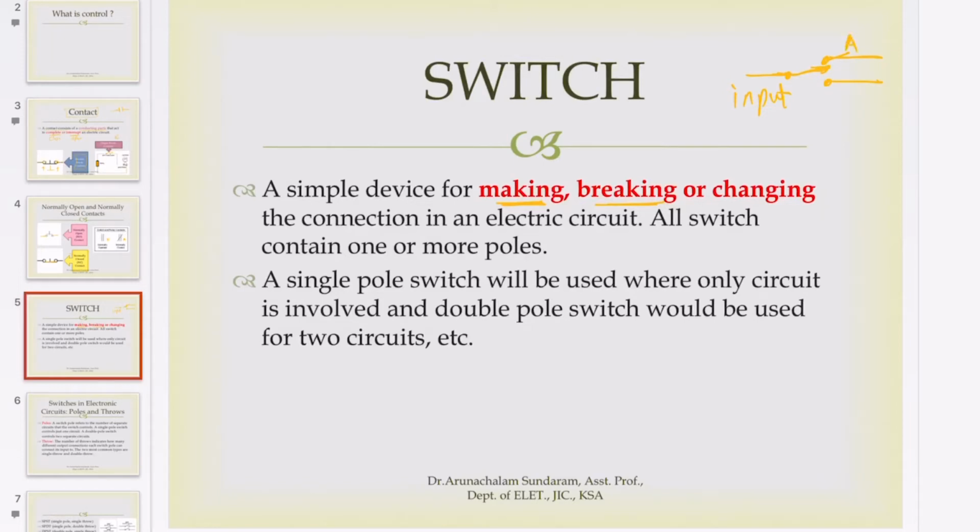This is circuit A, this is circuit B. So when I say changing, it means that I change the power from circuit A to circuit B. Making means closing the circuit. Breaking means disconnecting the circuit.